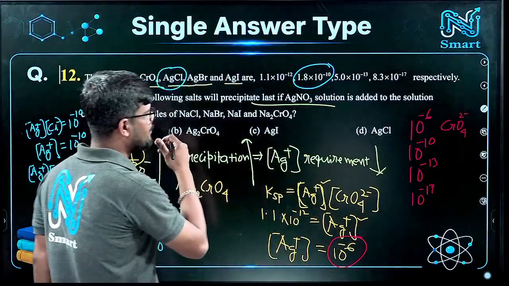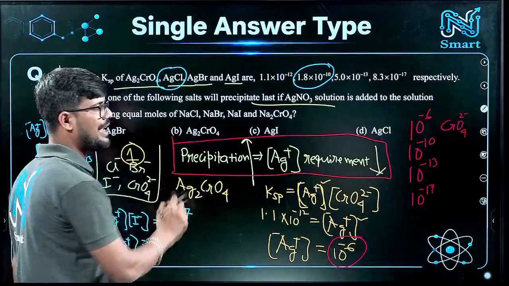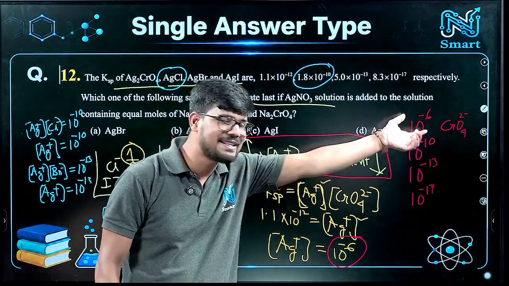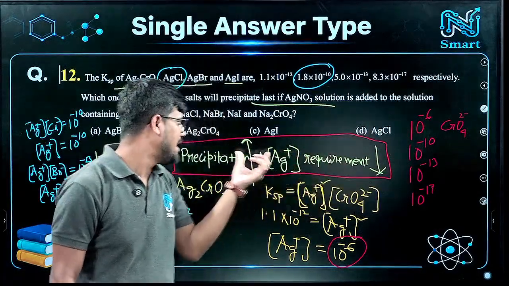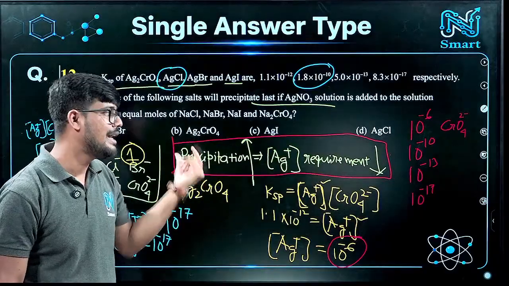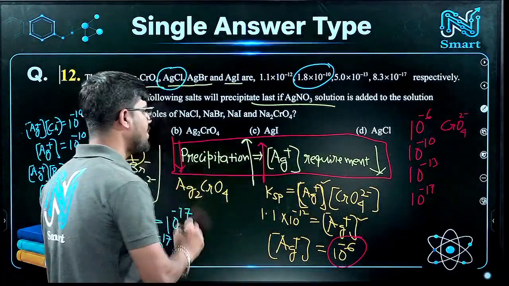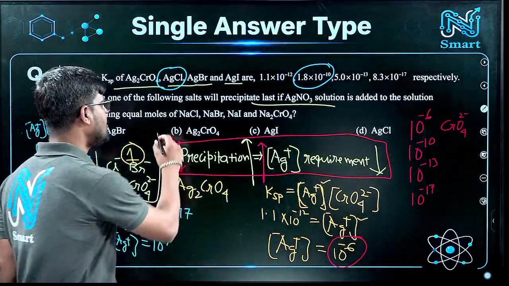So that's why, in case of Ag2CrO4, the Ag plus concentration requirement is maximum, so precipitation will be less. Since the concentration requirement is maximum, precipitation will be at the end, at the last.